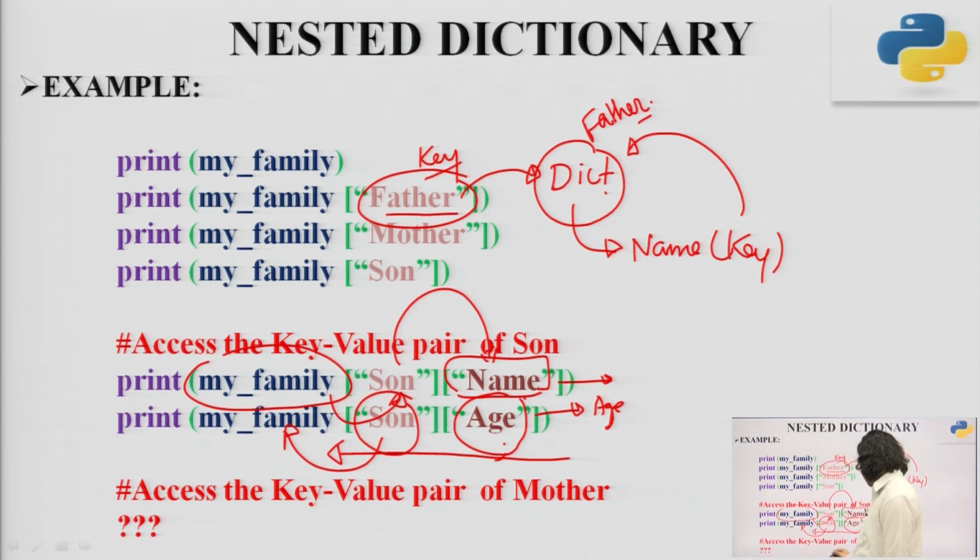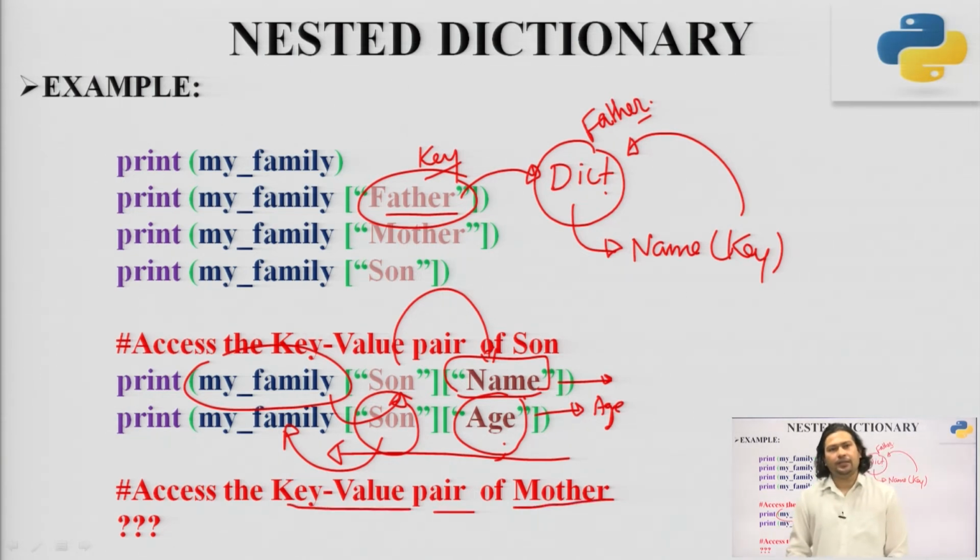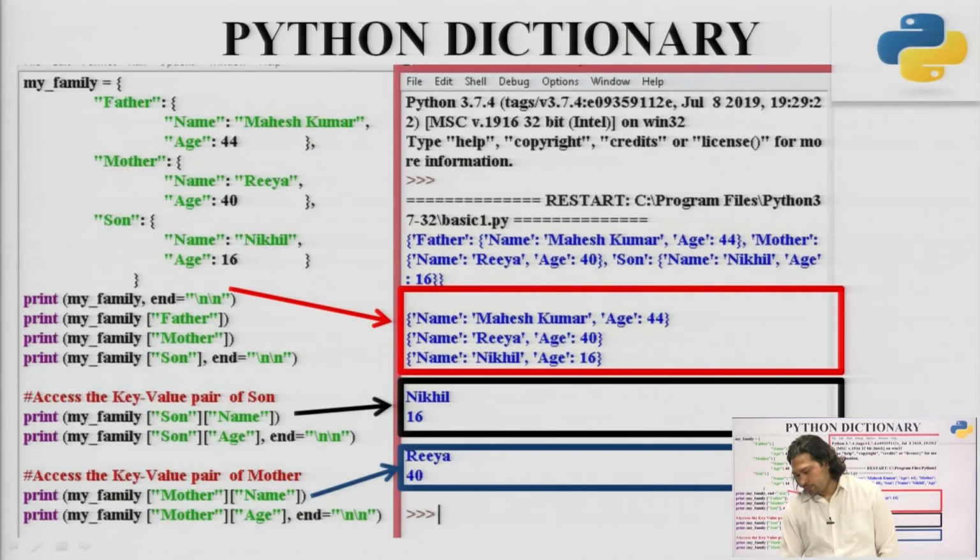Now, here is the last question: whether the key value pairs of the mother can be accessed or not. Yes, it is in the same manner. Before that, look at the output. When we are accessing the father, mother and the son, we get the dictionary: name as Mahesh Kumar, the age is 44.